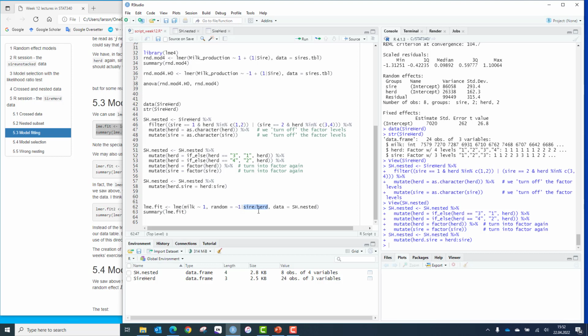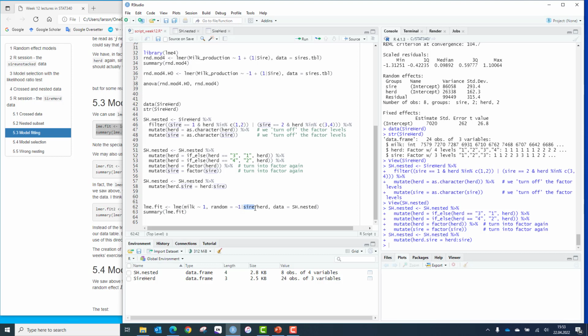This is how you describe nesting in this lme function. And how should you read this term? You should read it like this. We have a random effect affecting the intercept. There are actually 2 random effects here. The first one is the random effect of sire.